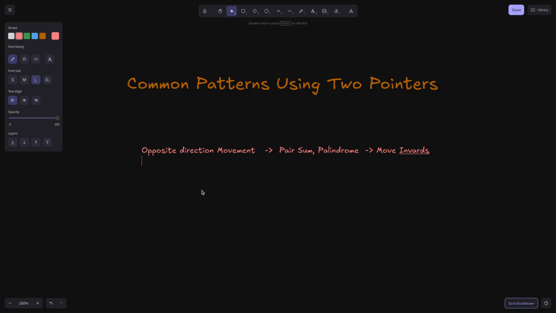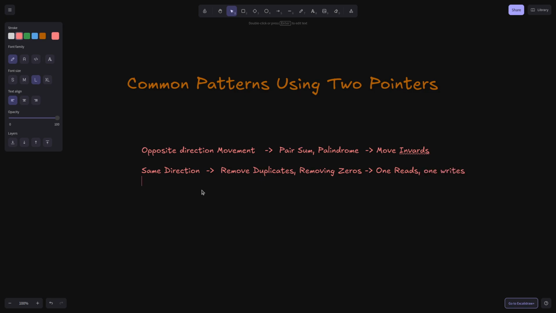Next, if we move the pointers in the same direction, then the problems we can solve are remove duplicates and removing zeros, and the movement of the pointers is one reads and one writes.